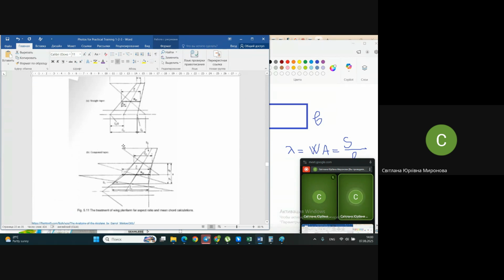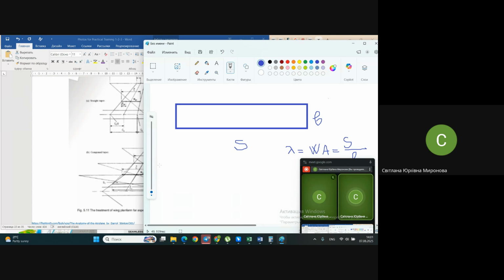Now I show you the picture, and next I will try to show how to do it. The idea is in a simple geometrical construction.